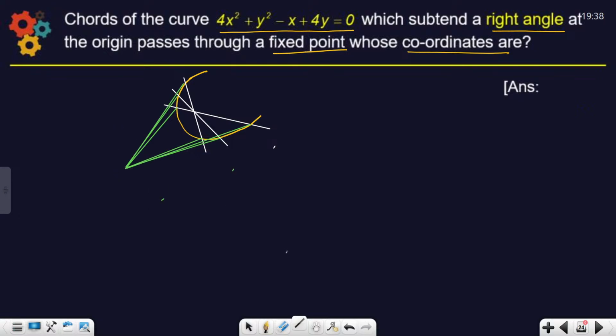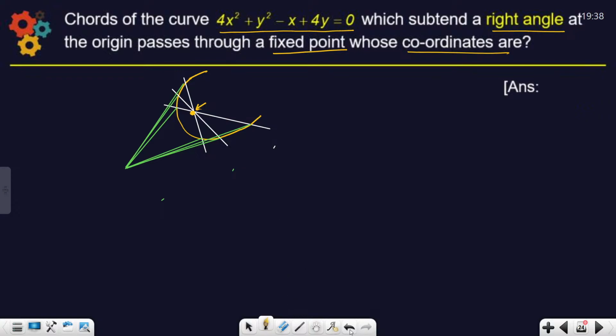So we have to find out that particular point through which this chord is passing. All these chords are passing through a fixed point. This is the fixed point. What is the fixed point? The point of intersection of all those chords. That fixed point we have to find out. That is the question. Is it clear?